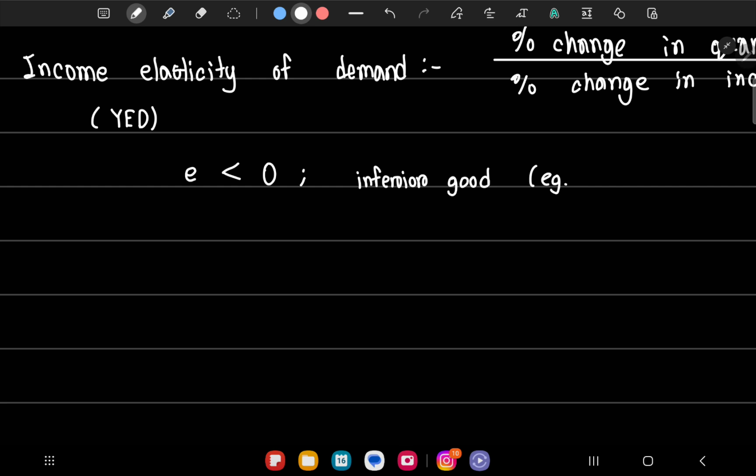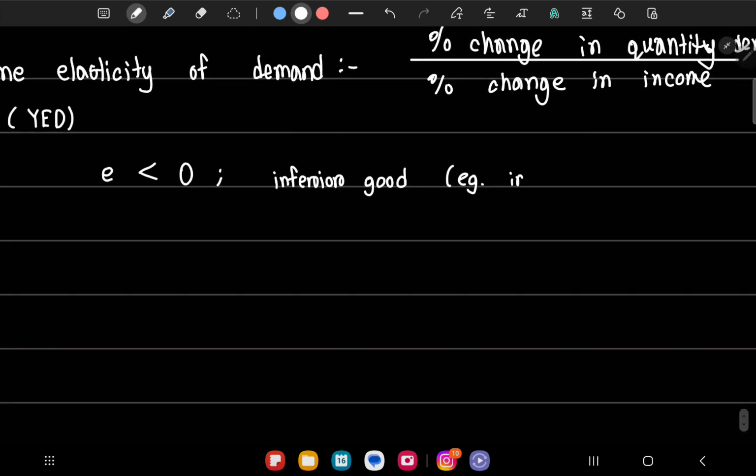An example of this would be instant noodles, like I talked about. So instant noodles is an inferior good. And if it's greater than 0 or positive, we call it a normal good.